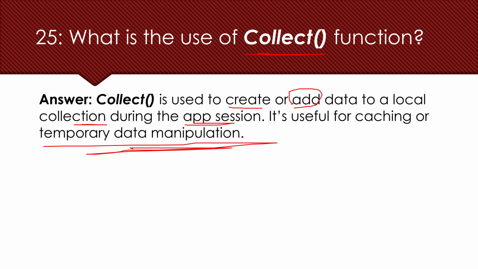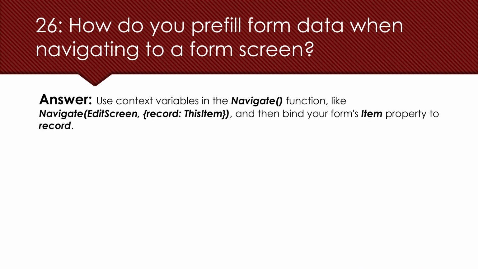Okay. Question number 26. How do you pre-fill form data when navigating to a form screen? This is a scenario-based question that can also be asked. Let's say I am in the gallery and I'm moving by clicking on the edit icon in the gallery, and I want to fill that data into the form. How will you do that?